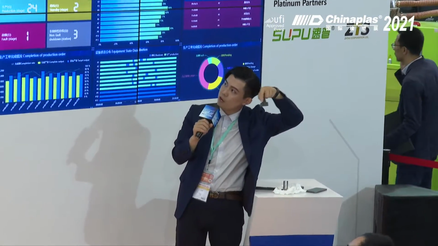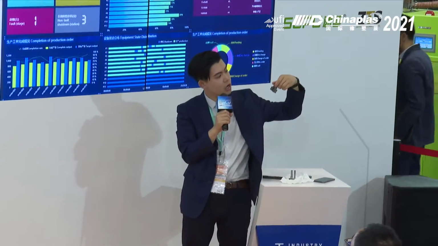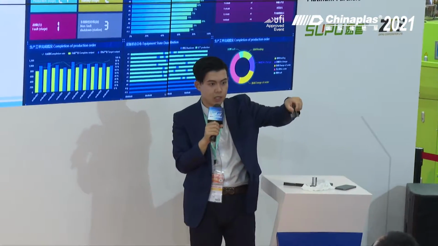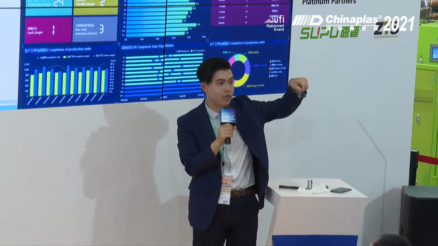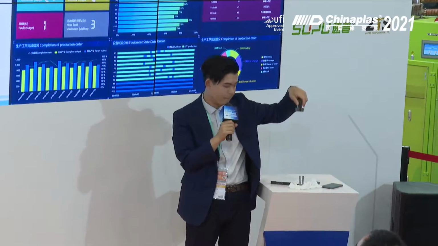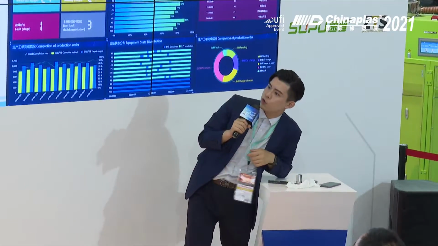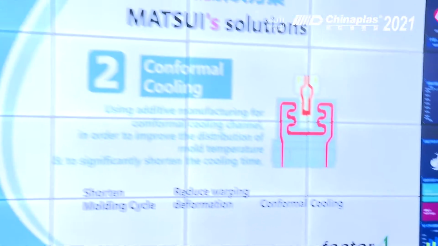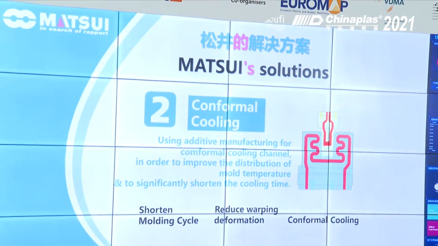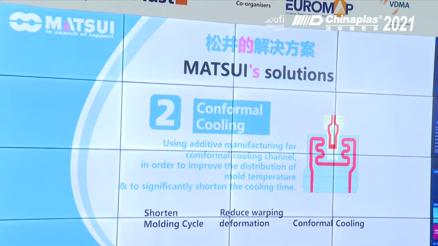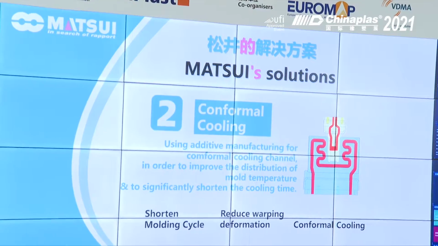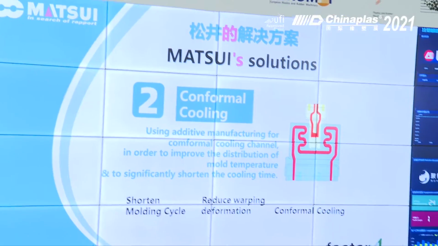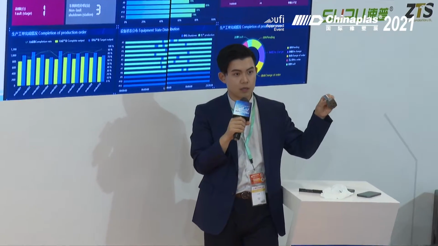But if we use conformal cooling technology, we can make the mold water loop very small and very thin. Conformal cooling means 3D 打印技术. The 3D printer, maybe we use it to print the plastic product, but we use this technology to make a mold.